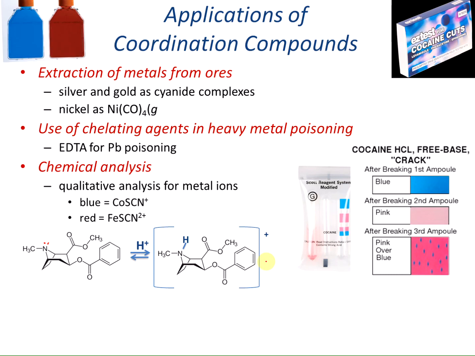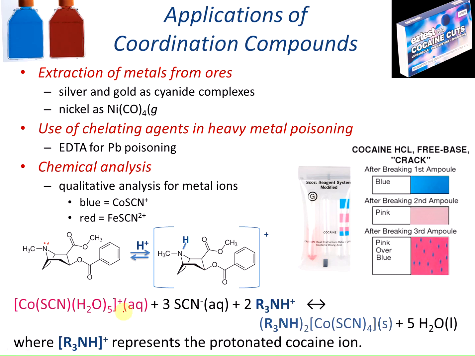Part of that Scott reagent is this cobalt thiocyanate complex, and it's pink. When you add the acid and you add the cocaine, it protonates the cocaine, and then when that reacts with the pink cobalt thiocyanate complex, it produces this new complex ion.